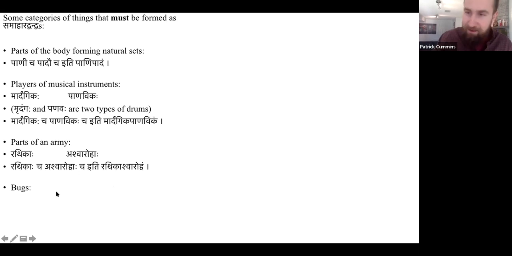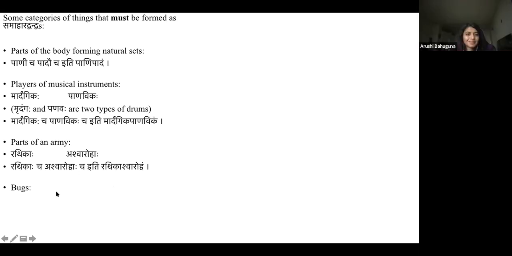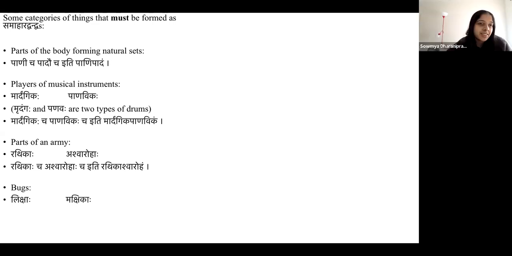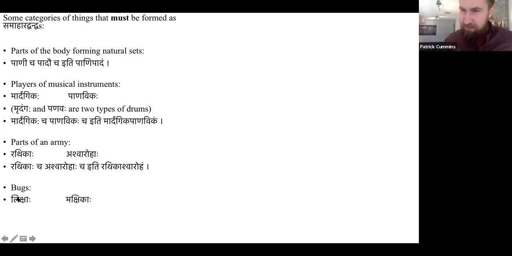Yeah. Another thing, bugs. So liksha, lice, and makshika. Does anybody know what a makshika is? You can almost hear it in English. I think the English term got borrowed from some Indian vernacular. Is it a mosquito? Yep. Would somebody like to try this one?